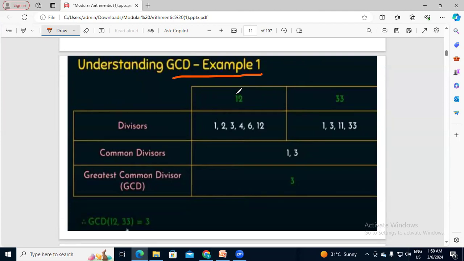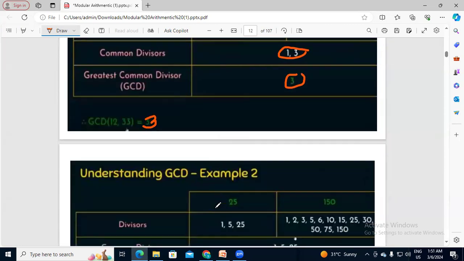If the numbers are 12 and 33, what are the divisors of 12 and 33? These are all the divisors. The next step is to find the common divisors, and then the greatest one will be your result. So in this case the GCD of 12 and 33 will be 3.